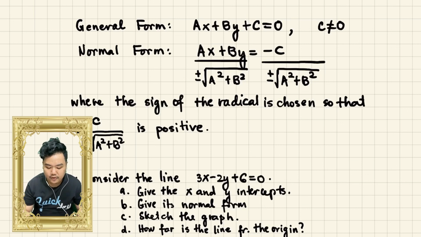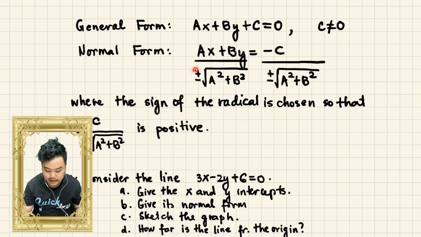So, yung normal form, ganito daw yung itsura. I-divide mo lang by some constant yung both sides. Ano yung constant? Square root of a square plus b square. So, i-compute nyo muna yun. Divide both sides by that. And then, merong dalawang signs, diba? Positive, negative, positive, negative. So, pipiliin nyo yung isa dyan.